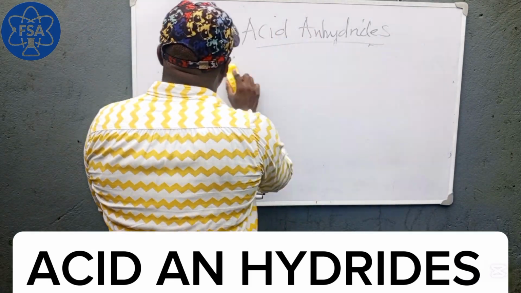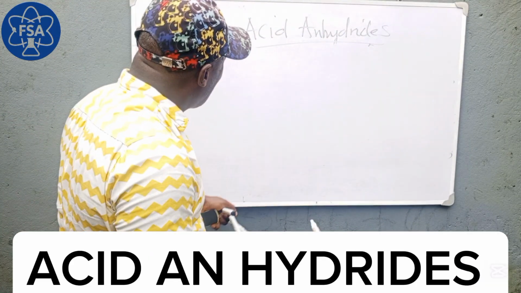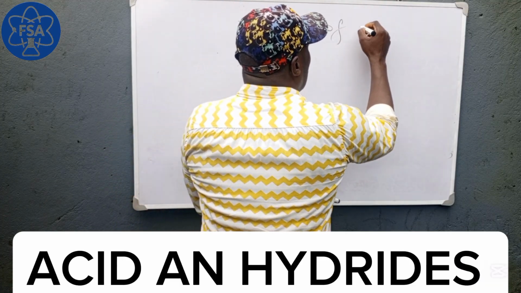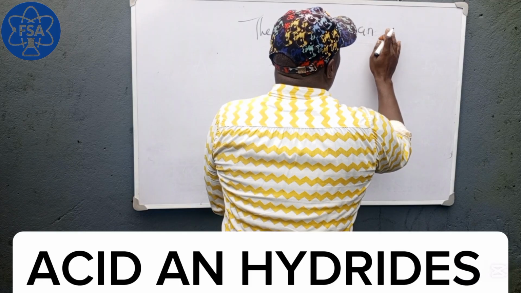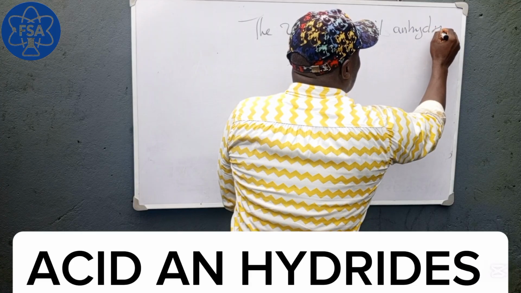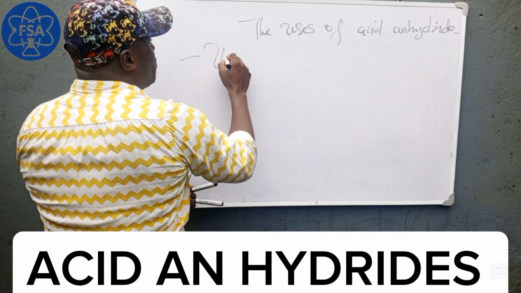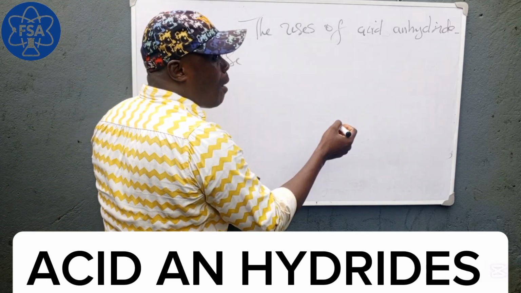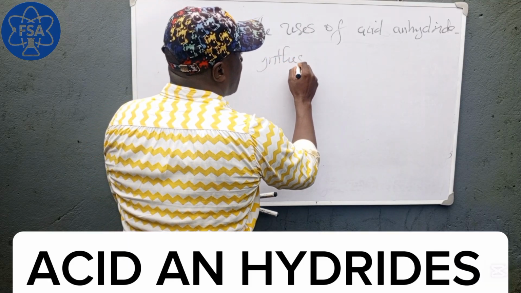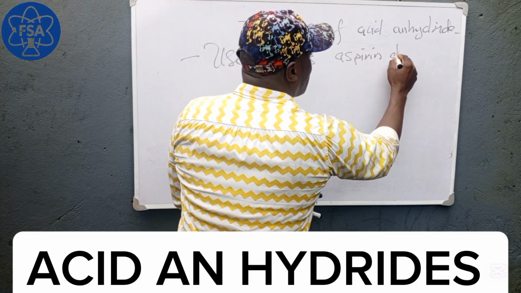Then also, it doesn't mean that there is no useful impact of anhydrides, like the uses of acid anhydride. Anhydrides are used in the synthesis of aspirin, aspirin drugs.